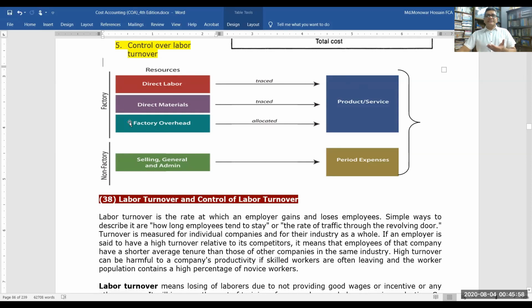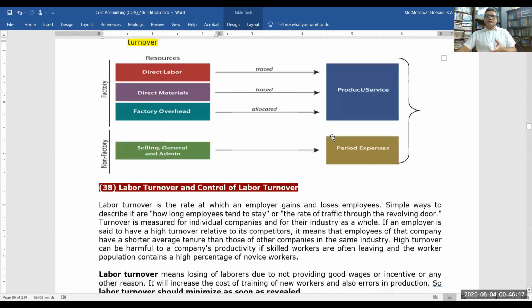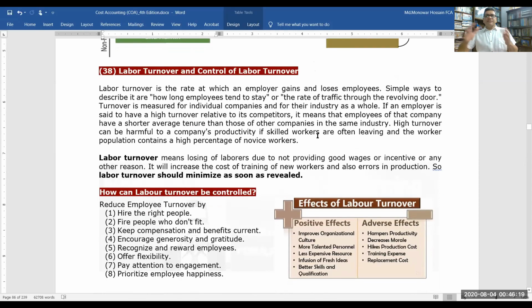Within these resources, our product or service cost depends, and the non-factory costs, selling and general administrative costs, are period costs, with which we get the total cost. Okay, so labor turnover and control of labor turnover.